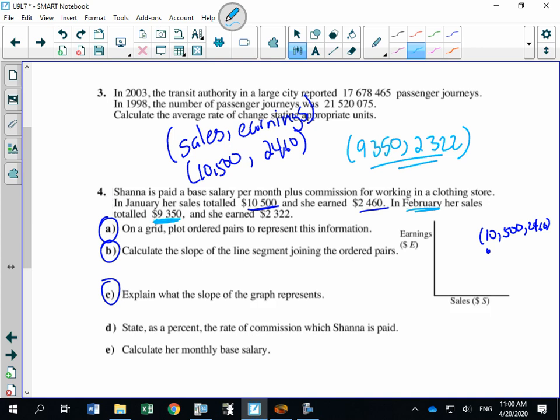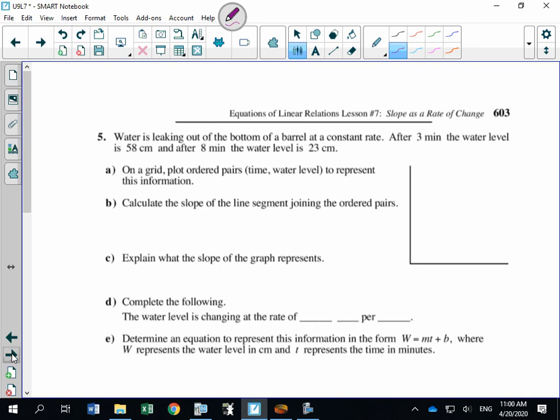So this second point maybe would be here, 9350 and 2322. And then from there, you're going to get the slope of that line. Okay, so I want you to do 4ABC. And for number 5, I want you to do ABCD.